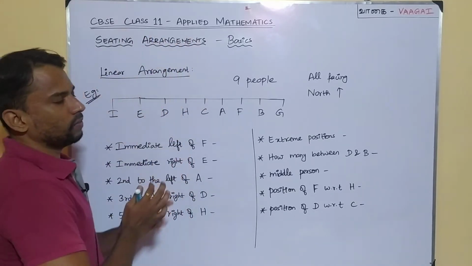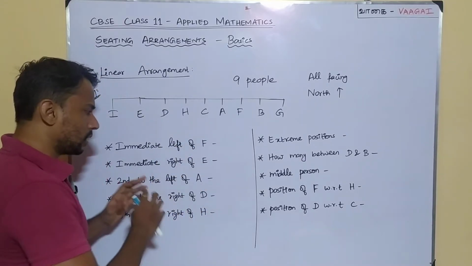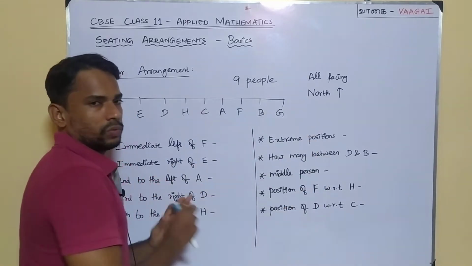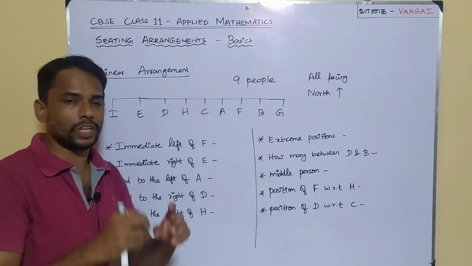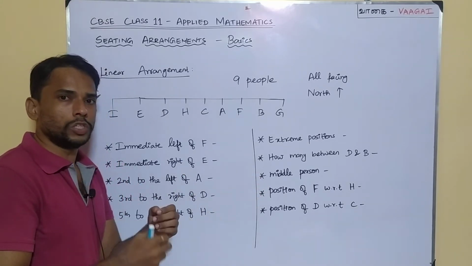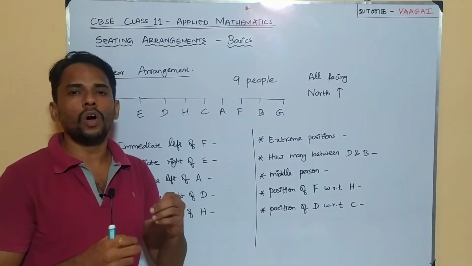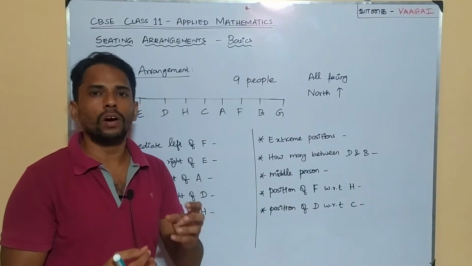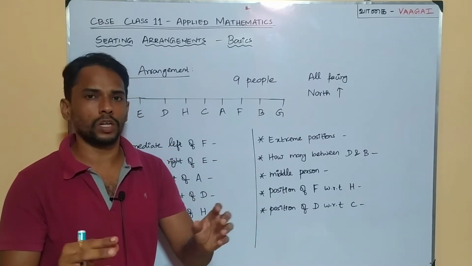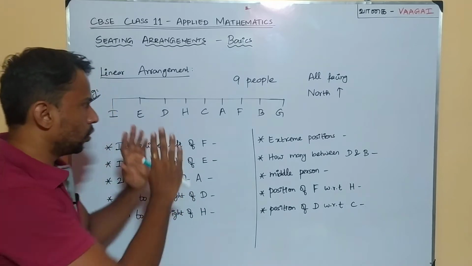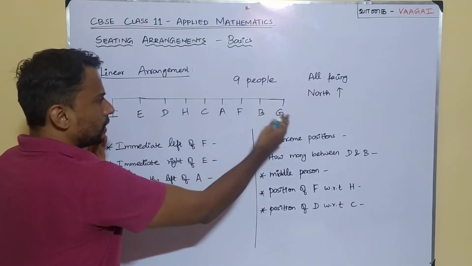This way we will imagine it, and now we will try to understand this puzzle with some very frequently asked questions. Very frequently asked, in the sense that these are the ways you can expect your questions, and once you understand these questions, you will be able to solve the given linear arrangement puzzle. That is the objective of this example. There are 9 people, seated like this.